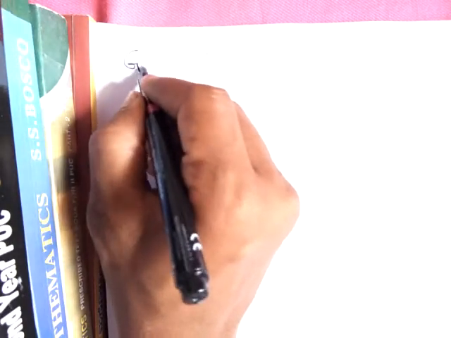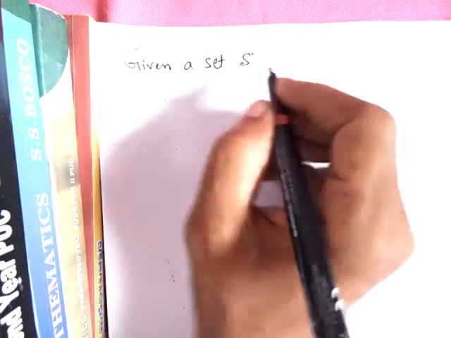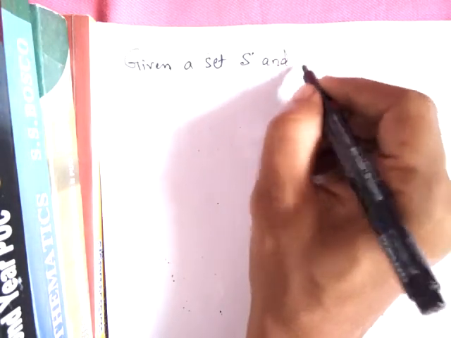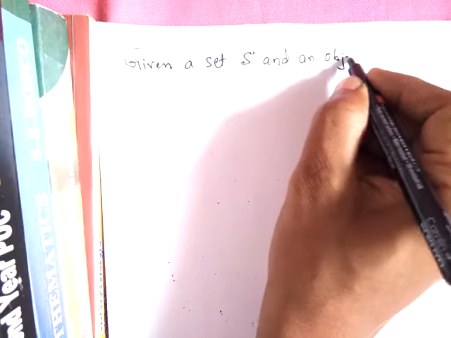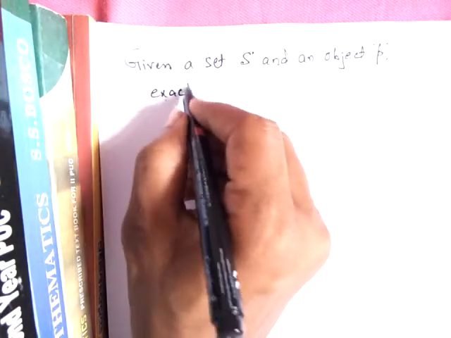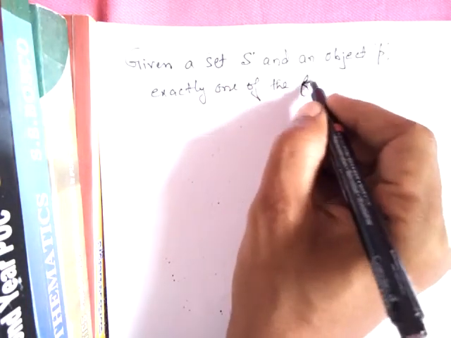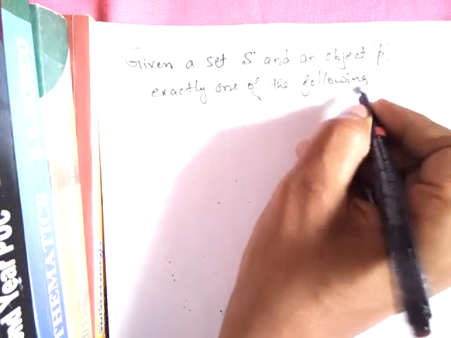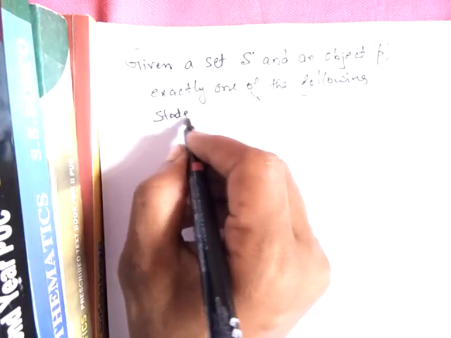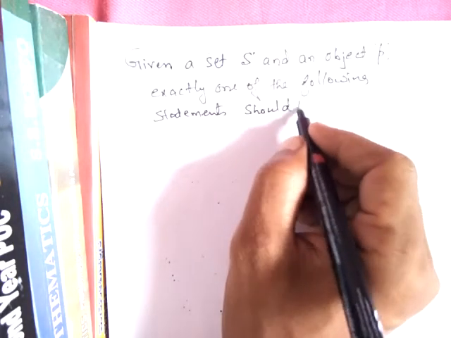So you can conclude here, my dear students, like this: given a set, some S is there, for example, and an object small p, exactly one of the following statements should be true.